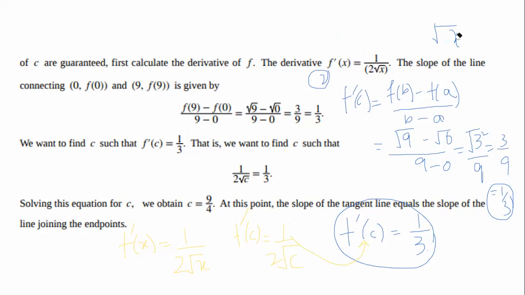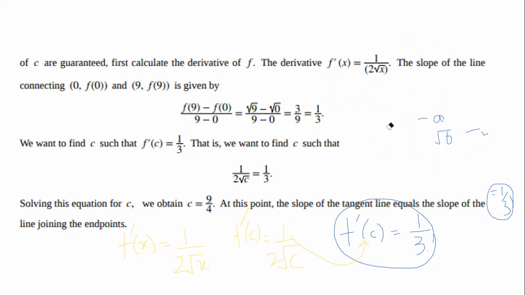So yes, this will be 1 upon 3 equals 1 upon 2 under root c. Then I have to cross multiply. So 2 under root c equals 3, and under root c equals 3 upon 2. Now taking the square on both sides. So c equals 3 square is 9 and 2 square is 4. So c equals 9 upon 4.